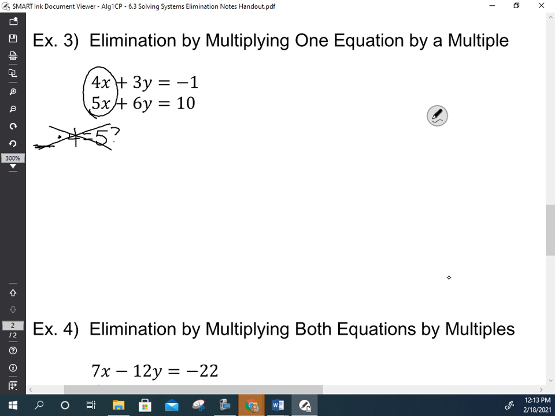Is there anything times 3 that will give you 6? Two. That would be 2. So we can take 3, multiply it times 2, and get the 6. So that means we can multiply by 2.